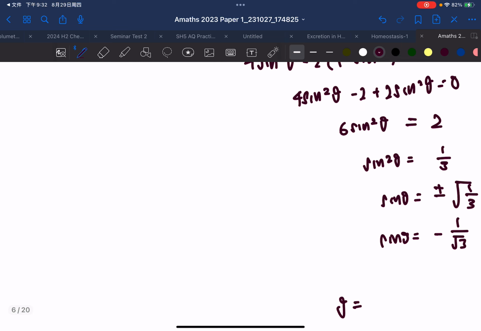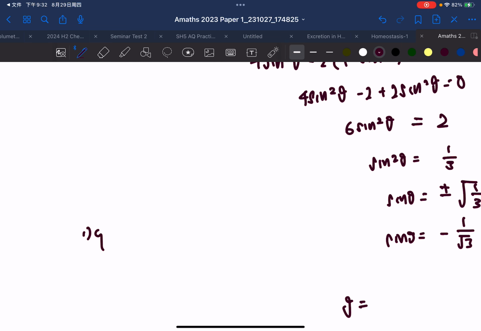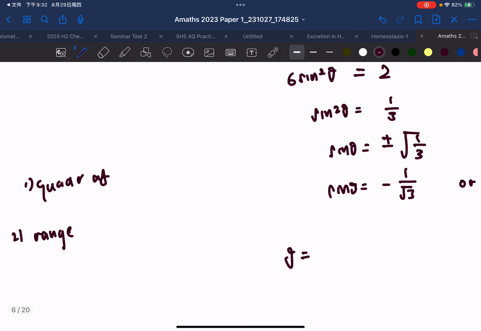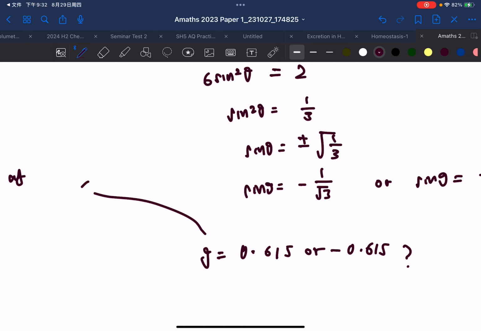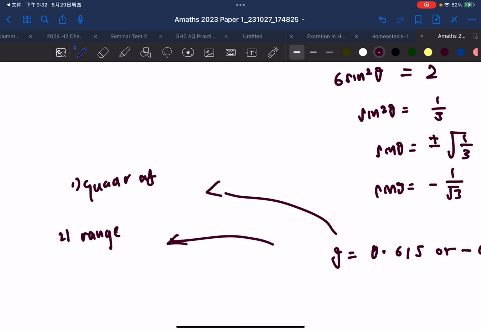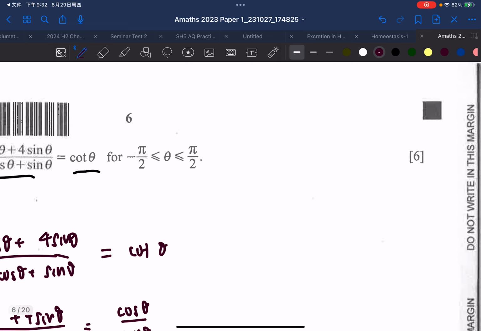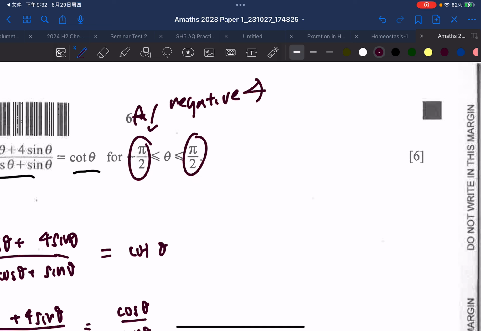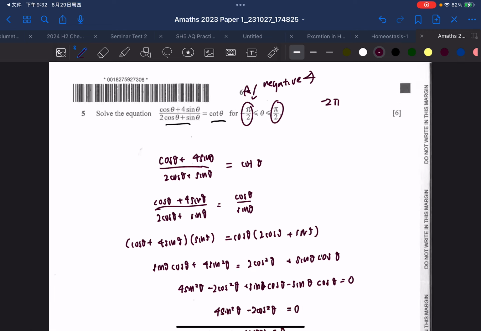I need the first quadrant, then I consider the range. The answer at the end of the day, you can check, is this. If you don't know how, try to consider these two. Especially look at the range chart, there is a negative angle over here. For a negative angle, you need to minus 2 pi.